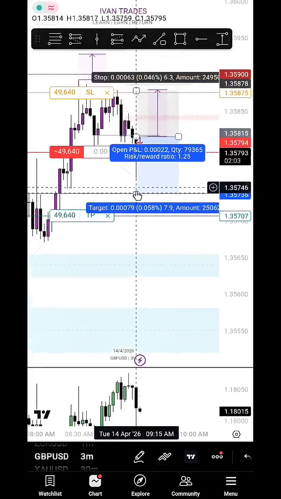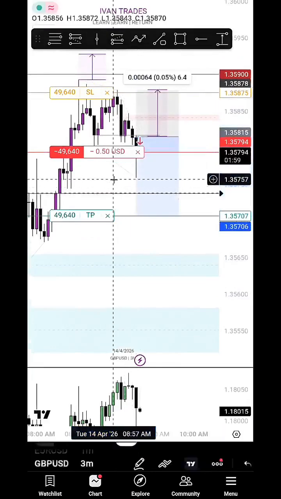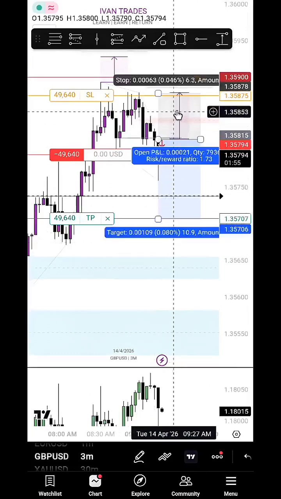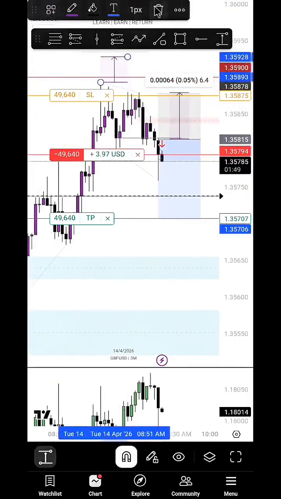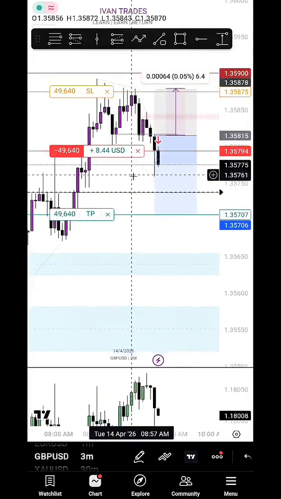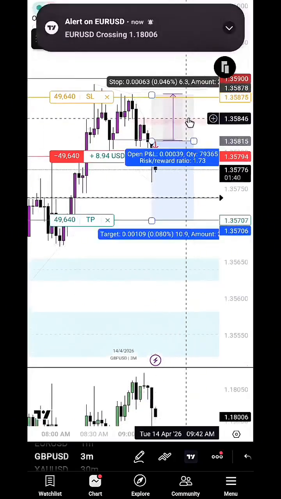And the take profit, I would be lying if I said it is at the equilibrium. It's somewhere around here. Yeah, like that.